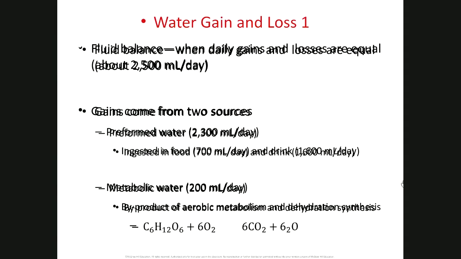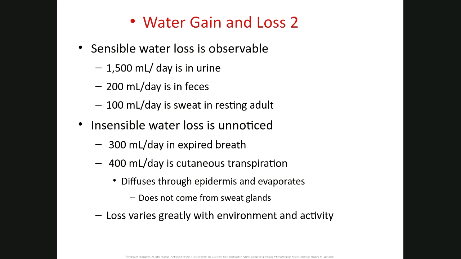Gain and loss are usually running equal. Just keep in mind that among the gains, there's metabolic water coming from metabolism, and there's also water from food and drink. There's water that's lost in the urine, the feces, and sweat. Those are sensible water losses.